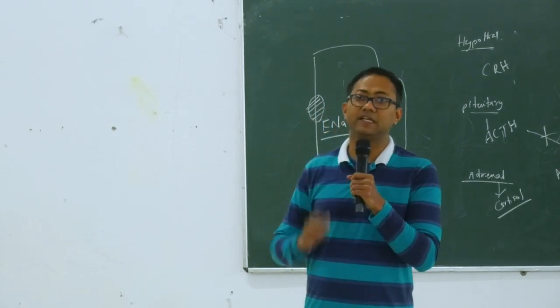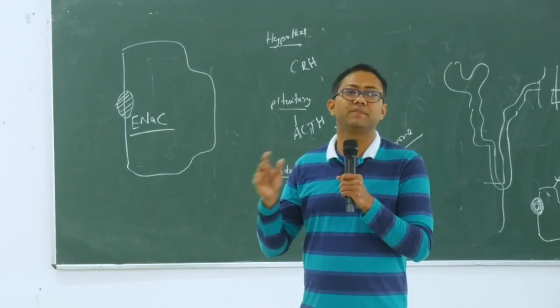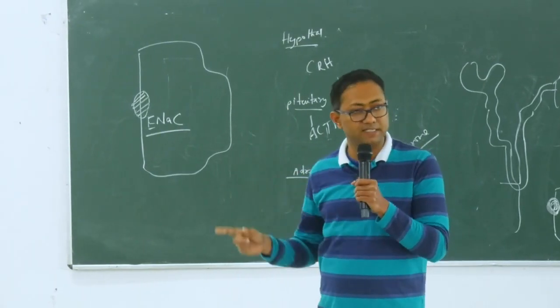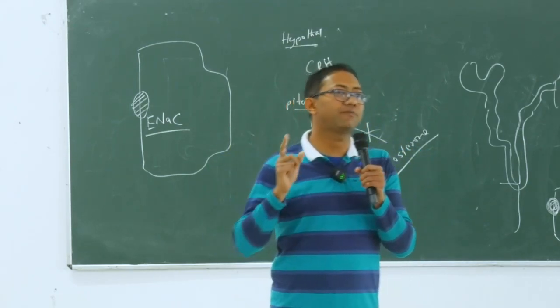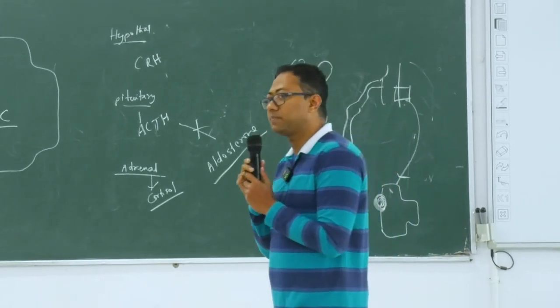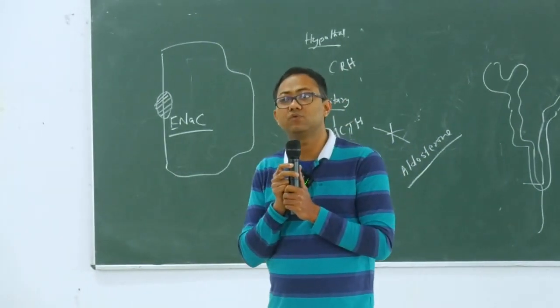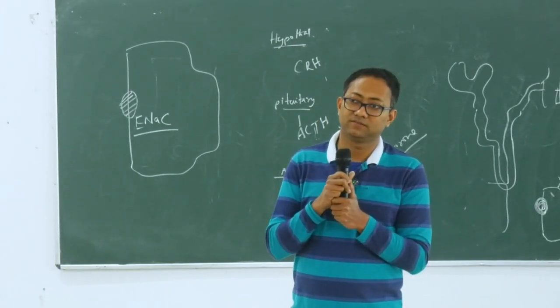Similarly, if I ask you what is the action of aldosterone, your answer is sodium and water reabsorption in the cortical collecting duct and distal convoluted tubule. If I ask you what is the mechanism of action of aldosterone, your answer is aldosterone has a receptor which is located intracellularly.